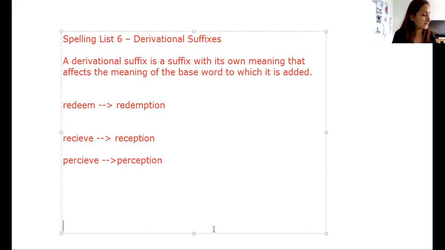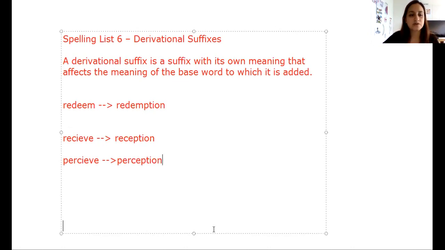So what I want you to do is take out a piece of paper and write spelling list number 6, write your name, the date, and you're going to listen to 10 sentences, okay?